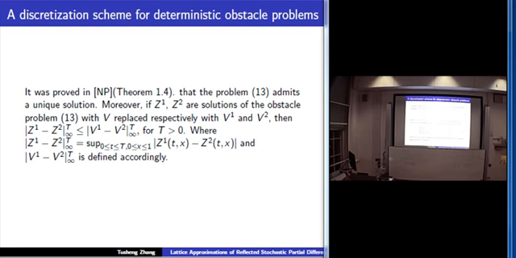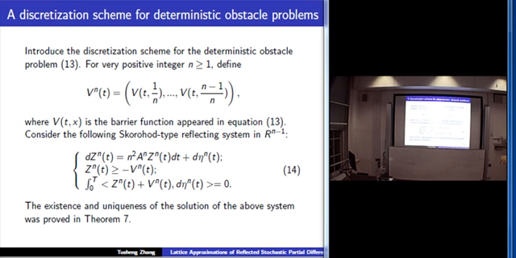This is a barrier function. I simply define, for every n, Vn to be this n minus one dimensional continuous function. So this is the value of this function at this point. So I discretize the barrier, then I can consider the system which I considered in section 1. So this is the deterministic Skorohod problem. For given Vn, I can consider this system.